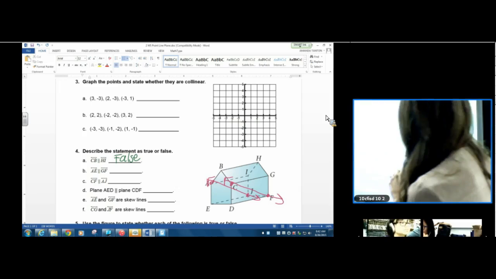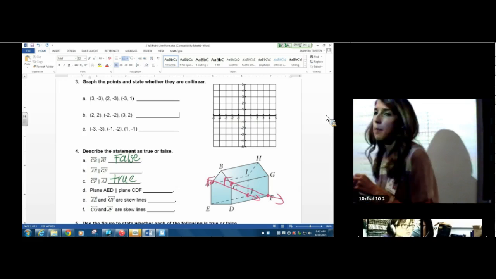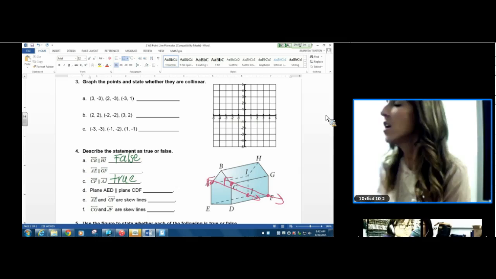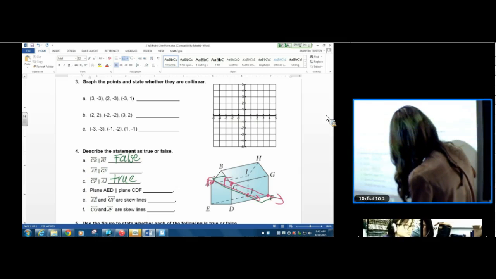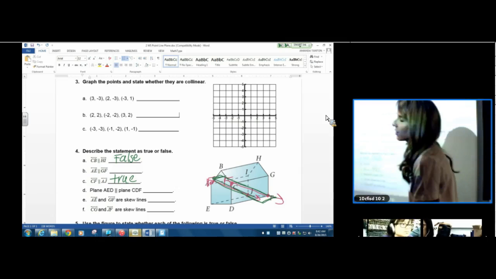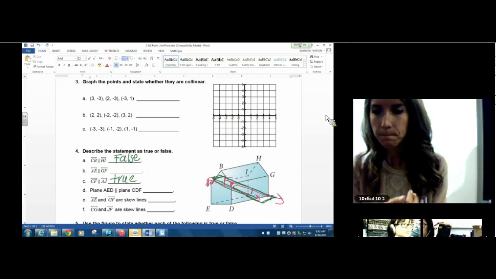So those are parallel lines. That one is true. Parallel lines have to be coplanar, so you're like, well, what plane are they in? Well, I could draw a plane and connect them like this, a flat surface. You could draw a flat surface shooting through your figure, and it would totally work.